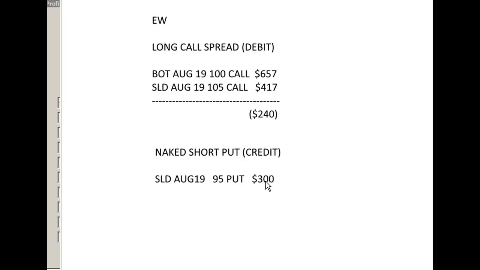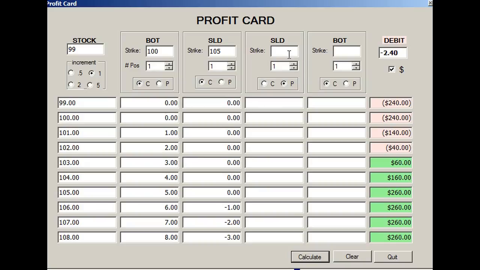We had paid $240. We received $300. So we had a net credit of $60 on the trade. So let's add that in. Okay, the other sold option was the 95, and it's a put, and we received a credit of 60 cents or $60.